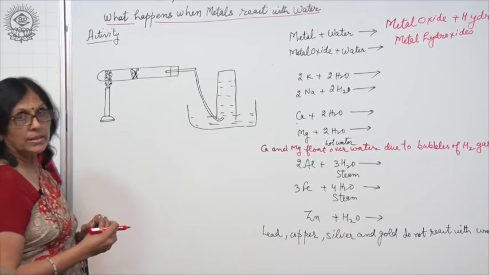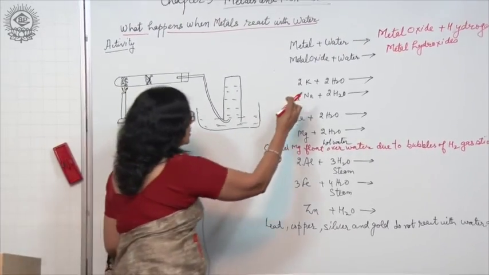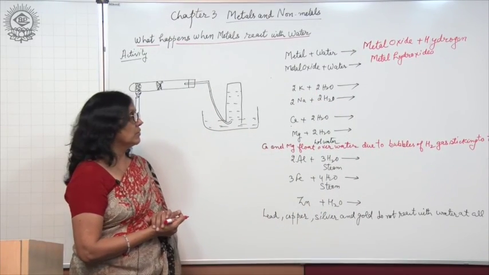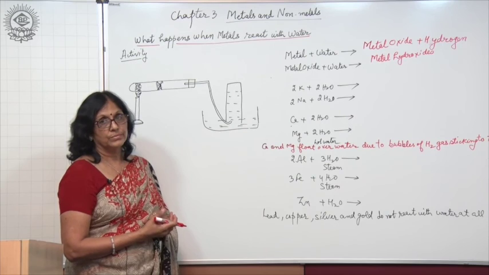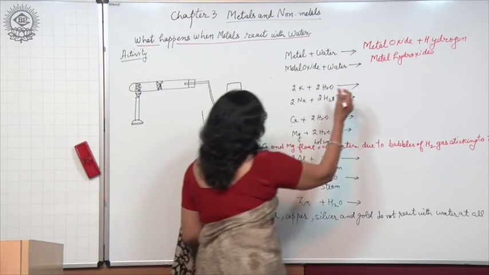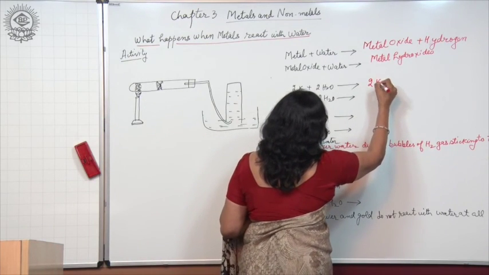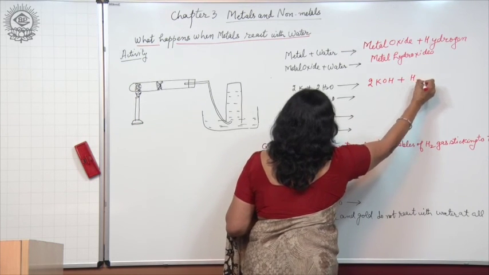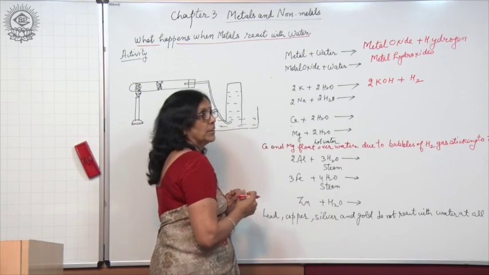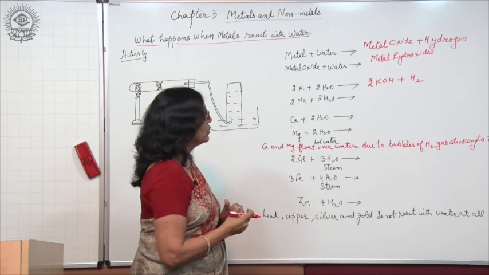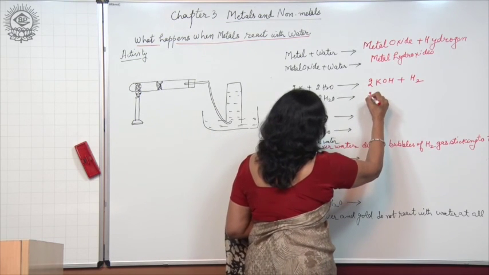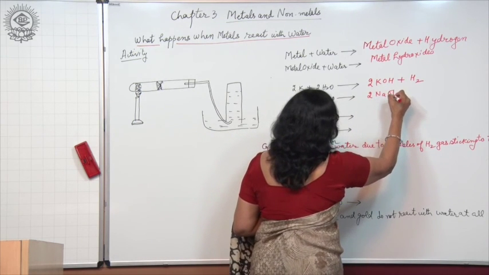So, this is a general chemical equation, and we are studying how metals react with water. As I have told you right now, metals like potassium and sodium are very reactive, and they react very violently with cold water and form potassium hydroxide and hydrogen gas is liberated, which catches fire immediately due to the heat evolved during the reaction, and the same is the case with sodium metal.